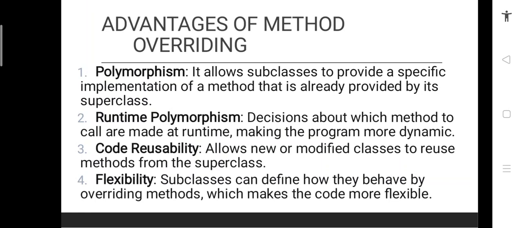Code reusability allows new or modified classes to reuse methods from the superclasses. See, we can use this code a lot of times. Example, you need to do addition, but it's not based on integers only. It's based on variables plus integers.